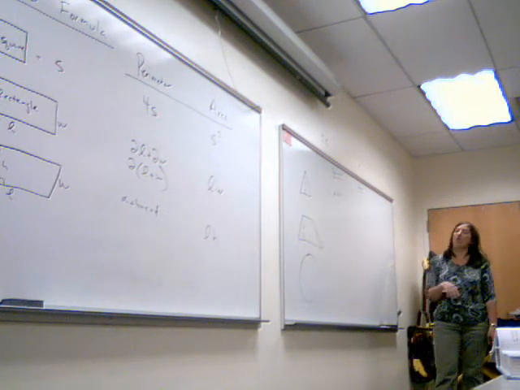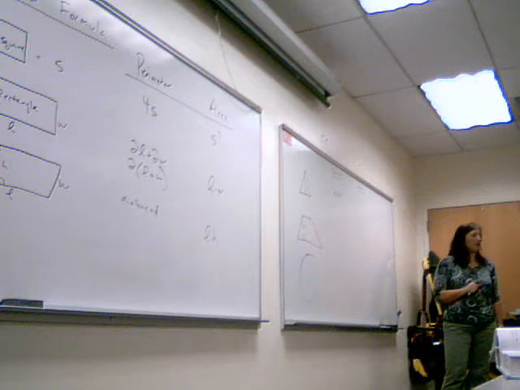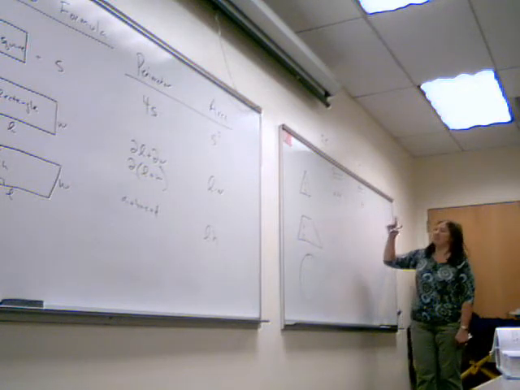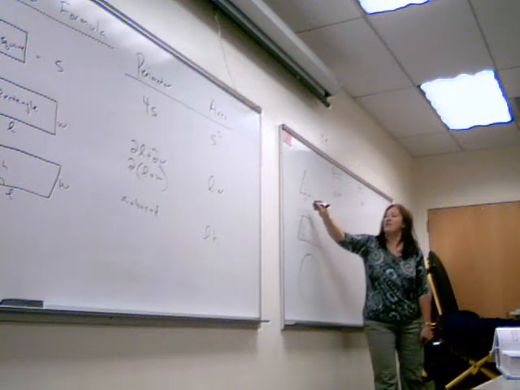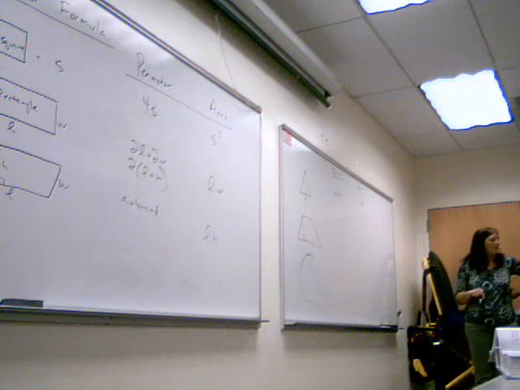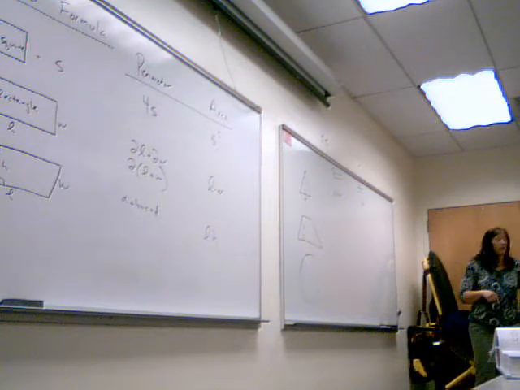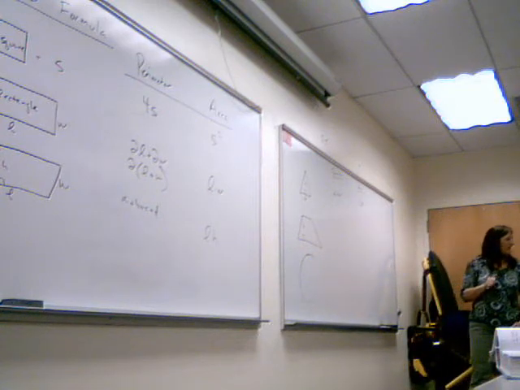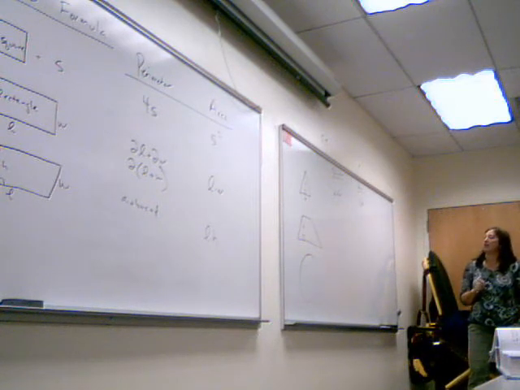What's my formula for area of a triangle? You remember that one? Yeah, base times height. And remember, your height and your base always come off of that right angle. Okay. What else? 1/2, right? Because a triangle is half of a parallelogram. Okay, that's where the half comes from.